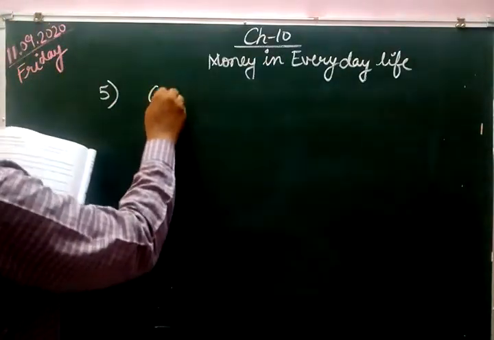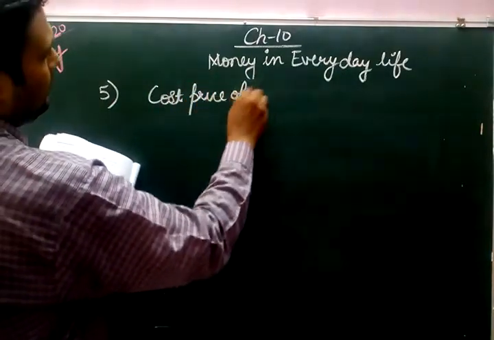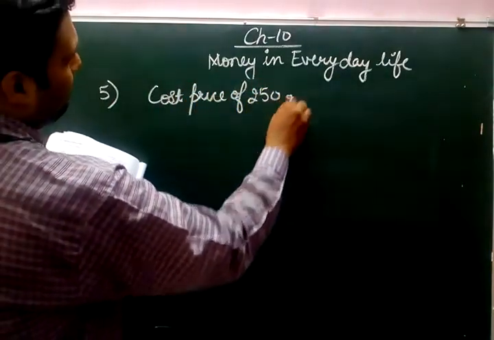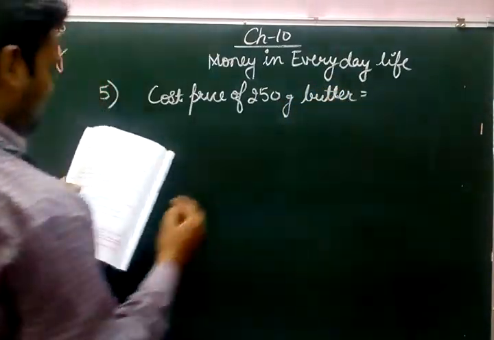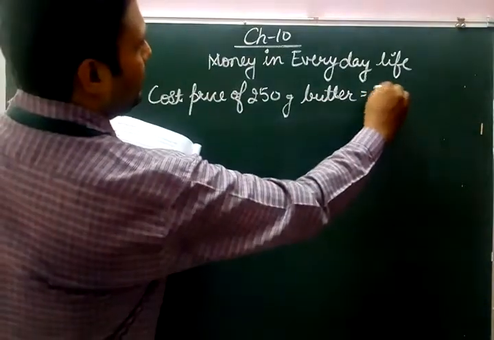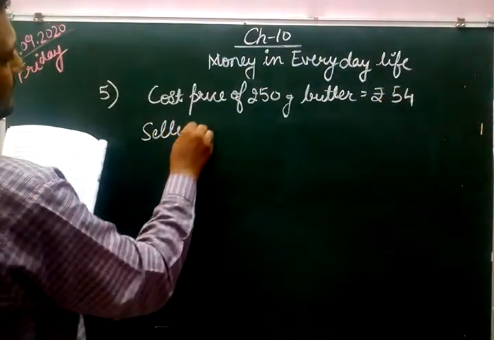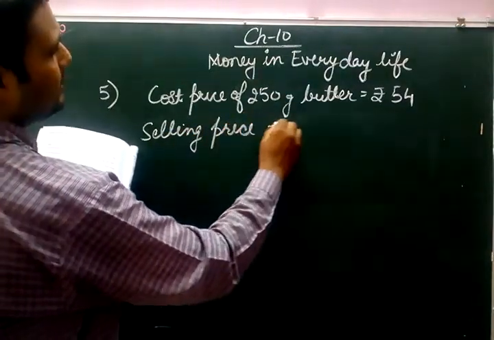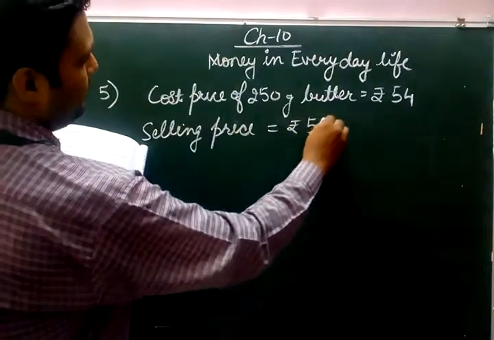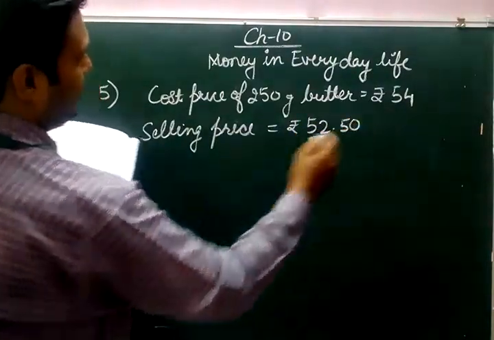So the cost price of 250 gram butter is rupees 54. Selling price is given to you, rupees 52 and 50 paise.